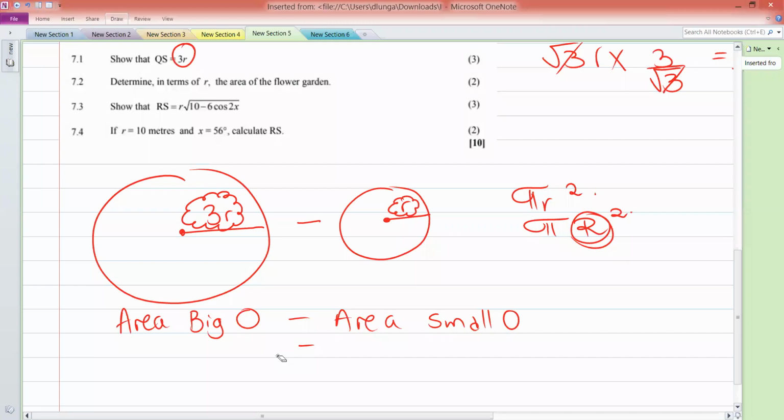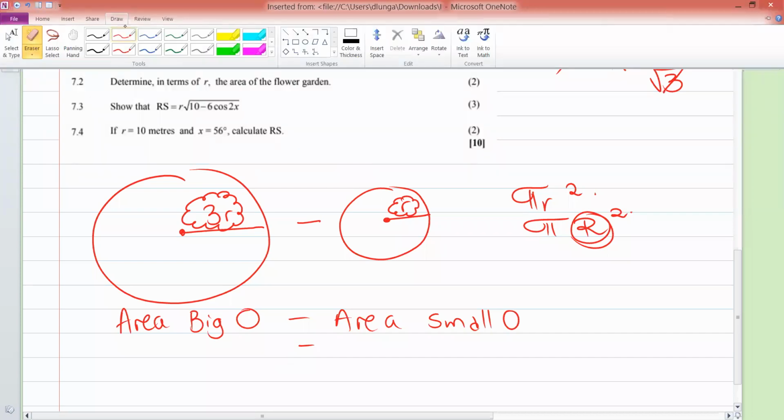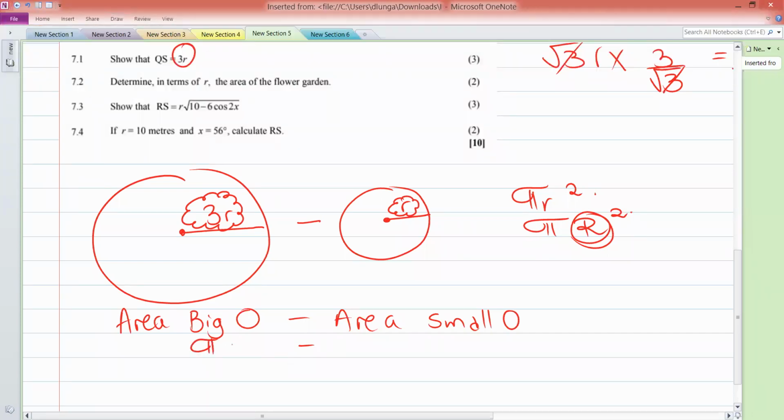So big circle, which is pi, and then in brackets 3R, and you're going to square that. Then pi, smaller circle is just R, and you square that. So 3R squared, that becomes 3 times 3, that's 9. So 9 pi R squared minus your pi R squared.